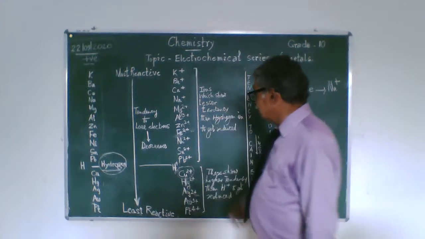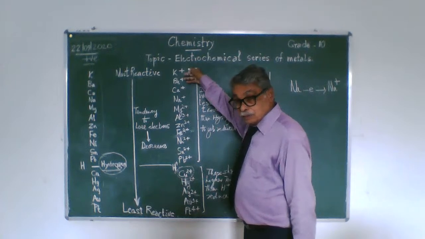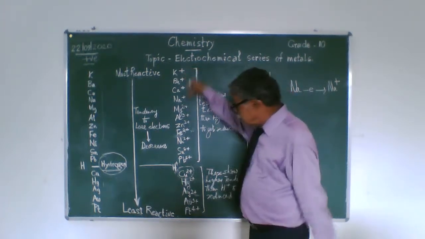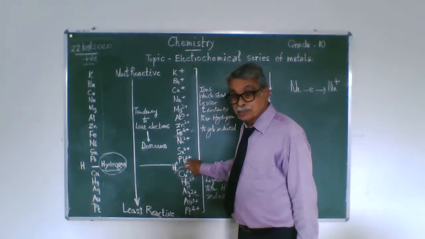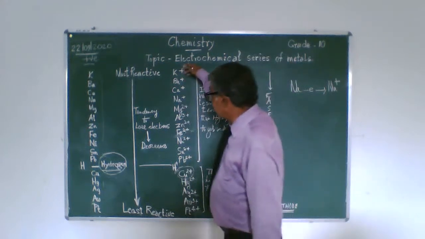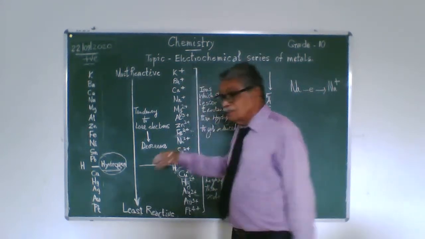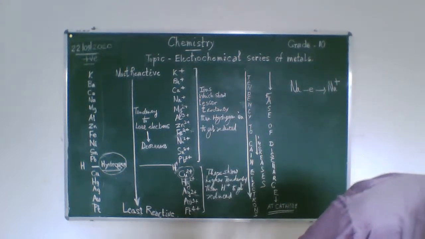There again, the ability to displace hydrogen varies. Top, potassium can displace it in no time. As you go down, it becomes very difficult to displace. From here, the activity comes down. That's the second point.